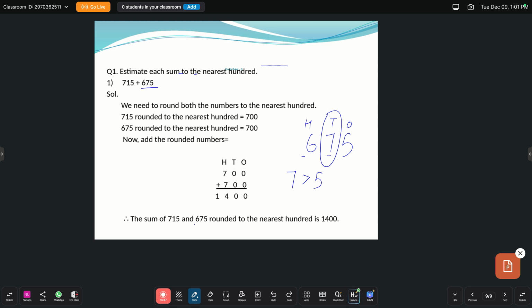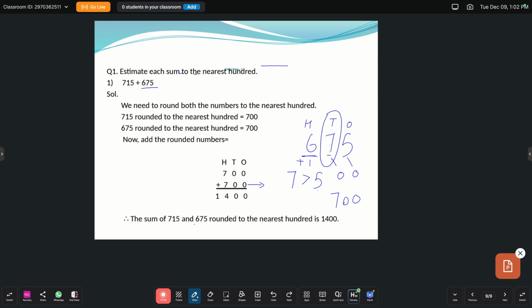So to this 6 we have to add 1, and the digits at tens place and ones place we will write 0 0. So here 6 plus 1 is 7, and instead of 7 and 5 we will write 0 0. So this 675 is rounded to the nearest 100, that is 700.